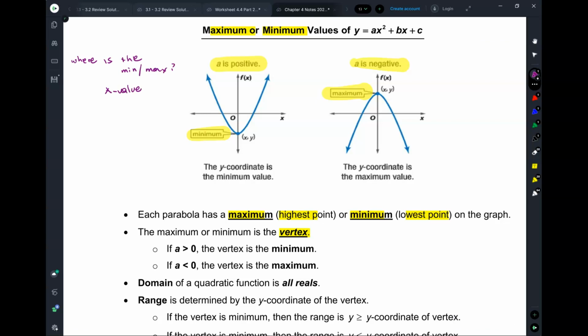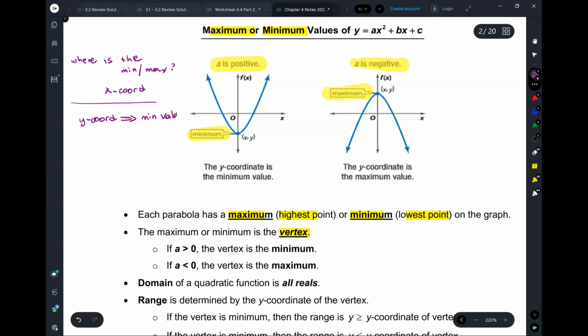Now, that would be the x coordinate. Okay? The y coordinate is the minimum value or the maximum value. All right? It's also here.